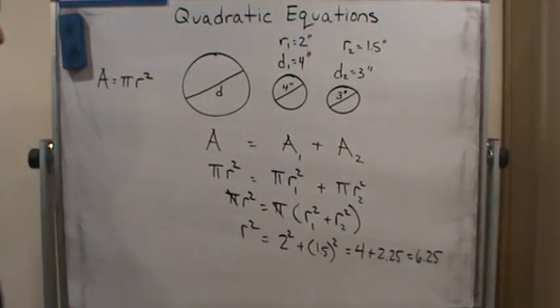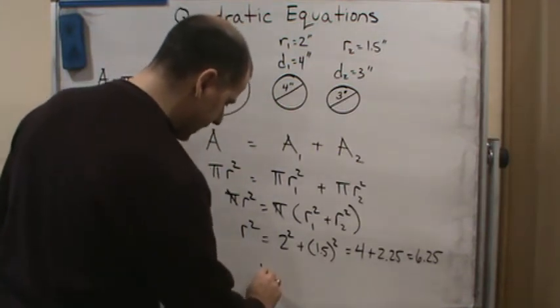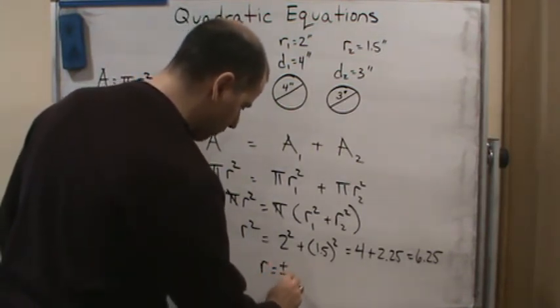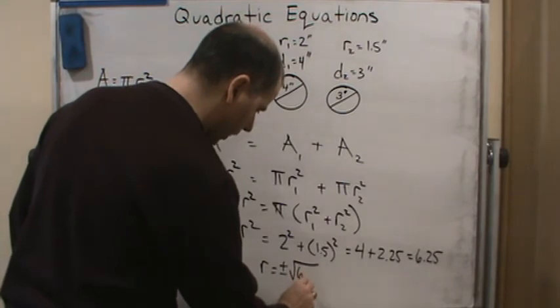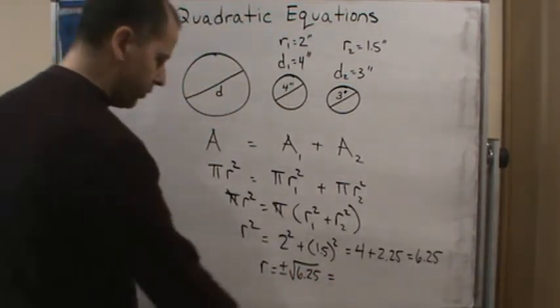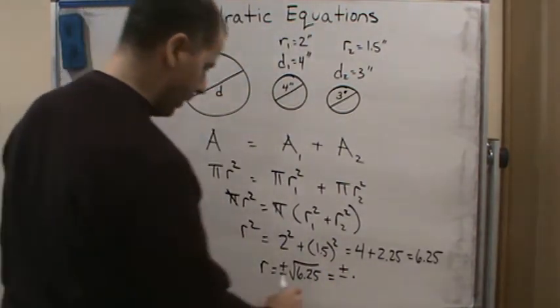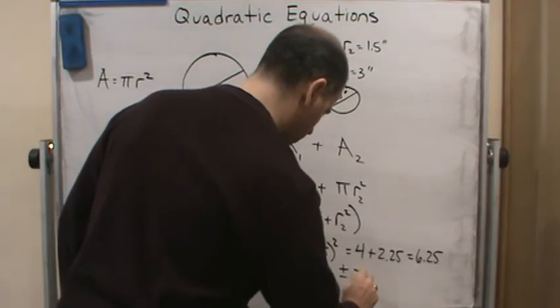Oh, this is a good one. So if I take the square root of both sides, I get r equals plus or minus the square root of 6.25, and I know this one. So this is going to be plus or minus 2.5.